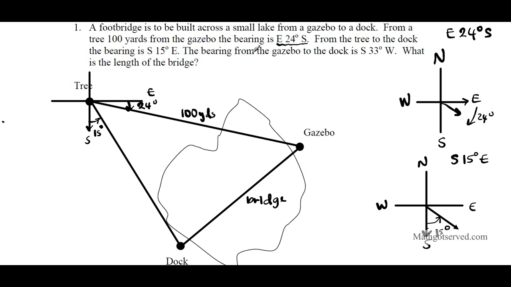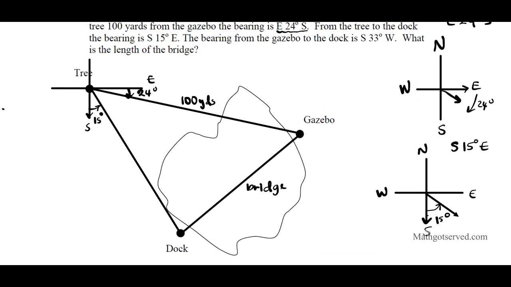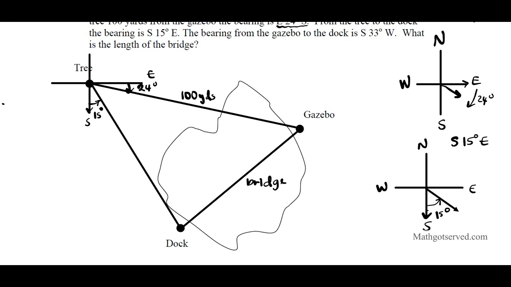And last, it says the bearing from the gazebo to the dock is 33 degrees west of south. So we're going to draw four cardinal points on the gazebo, and graph 33 degrees west of south.